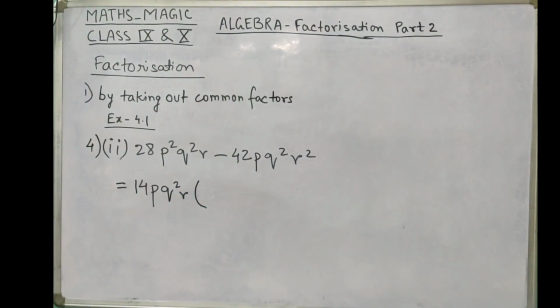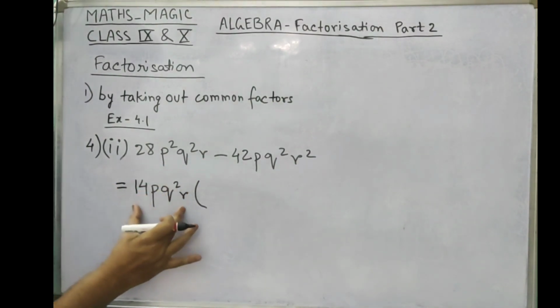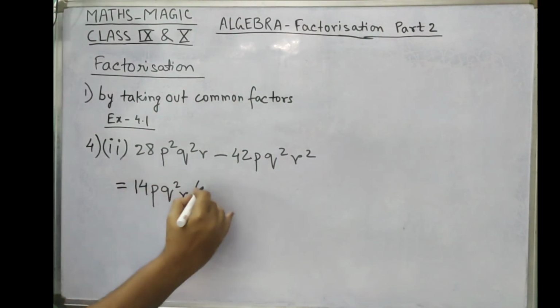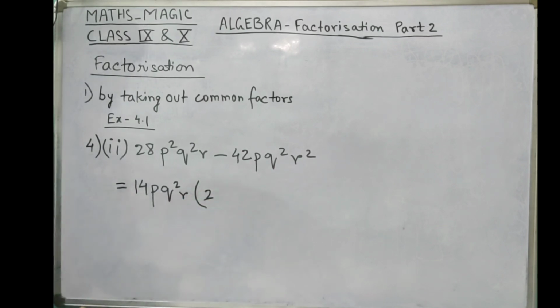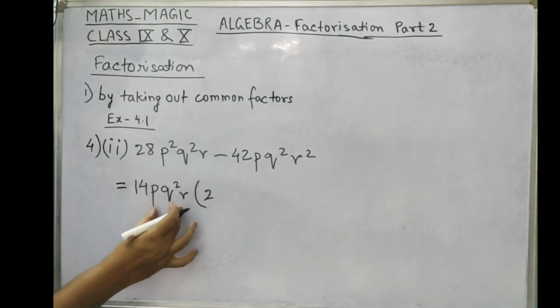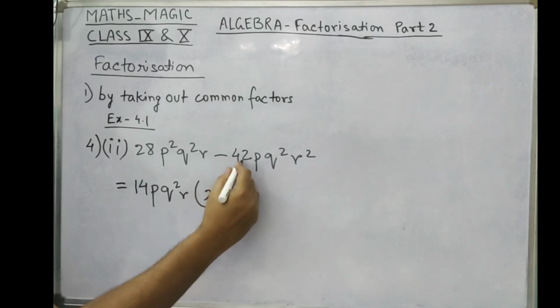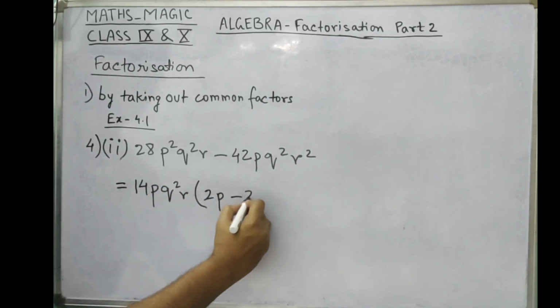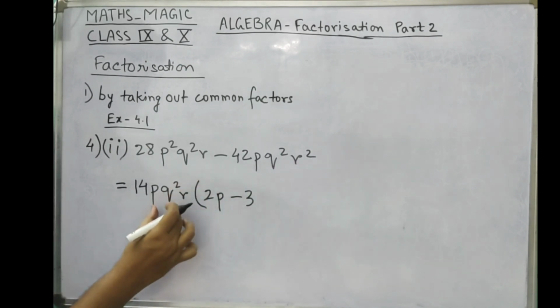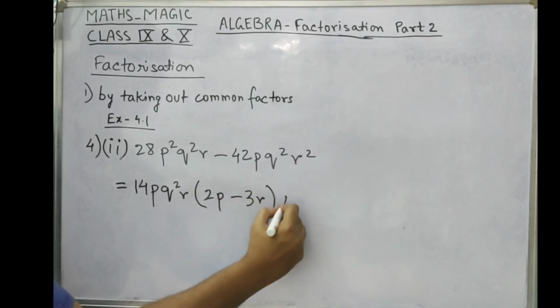So what you got common is 14pq square r. Now this whole divided by this: 14 2s are 28, and this divided by this, you will be left with only p. Minus 42 divided by 14, you get 3. Now this whole divided by this whole, you get r. So this is your answer.